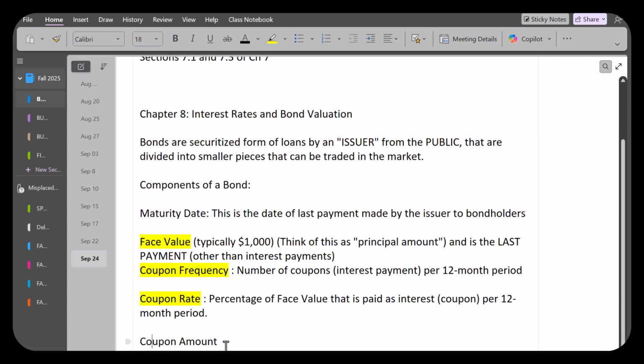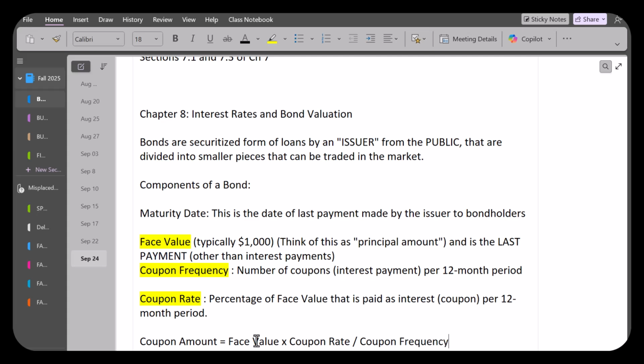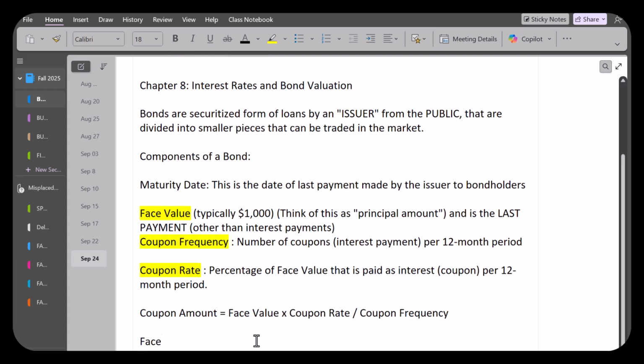In fact, we can calculate that easily. Face value times coupon rate divided by coupon frequency. So let's say face equals $10,000. It's my bond.